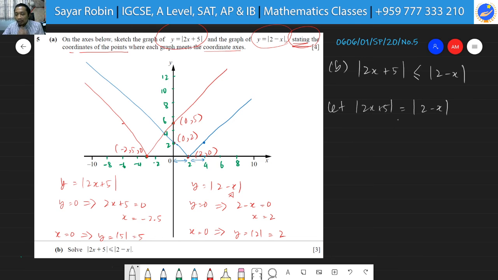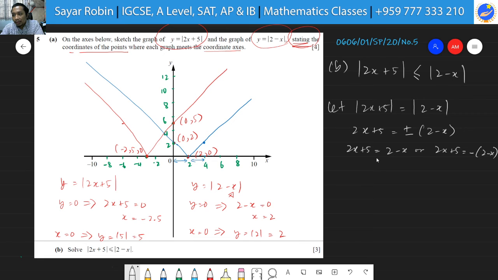After that, how are you going to solve this equation? There are 2 methods, 2 ways. If you're going to remove the modulus, you have to put plus or minus before 2 minus x. Okay, and then if you continue, you have some values, right? 2x plus 5 is equal to 2 minus x if you use the positive sign, or 2x plus 5 is equal to negative 2 minus x.